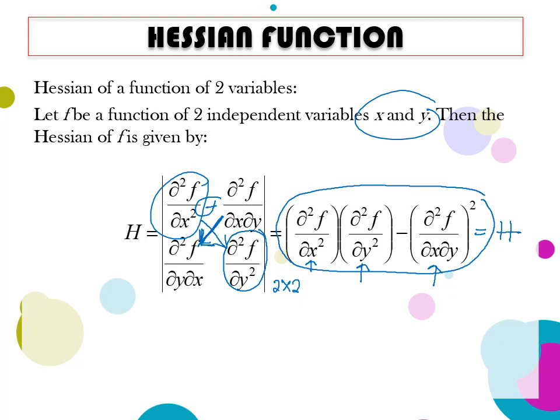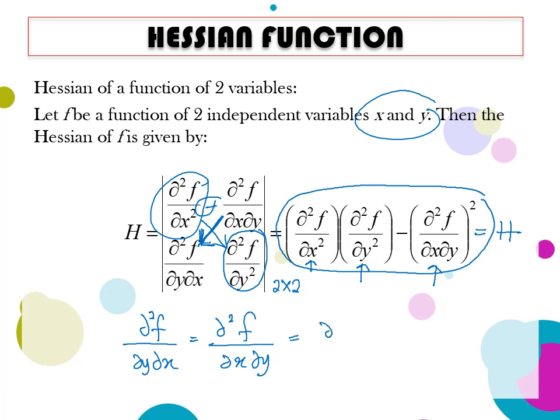They are equal. Remember the property of mixed partial? It doesn't matter which one you perform first, whether you do first for your y followed by x, and then you do the second order partial derivative, or you perform for x first followed by y, they will be equal. This is called mixed partial. So the property says they are equal.